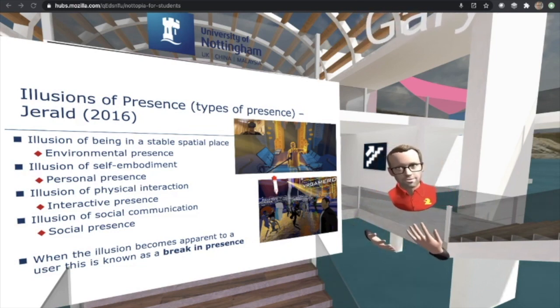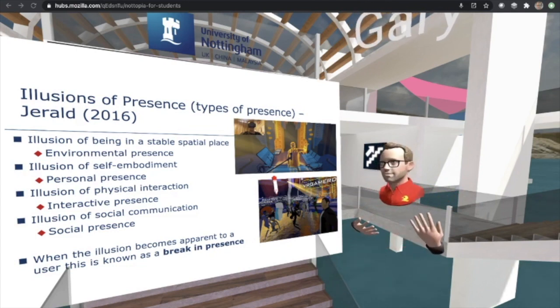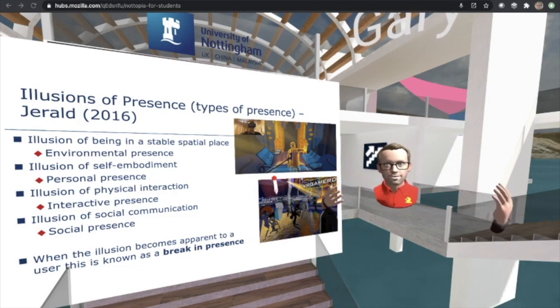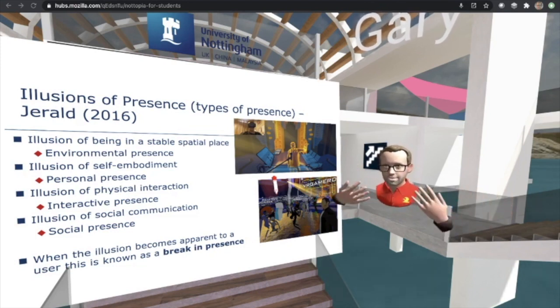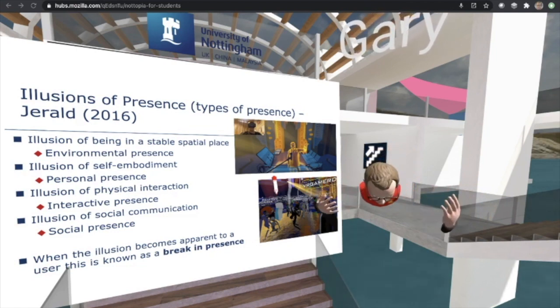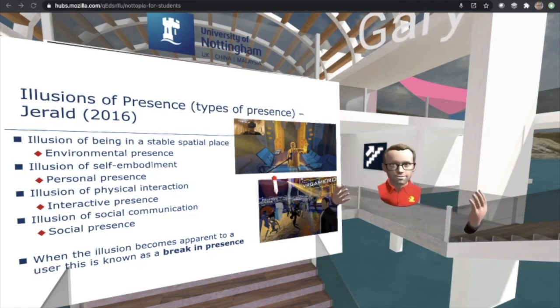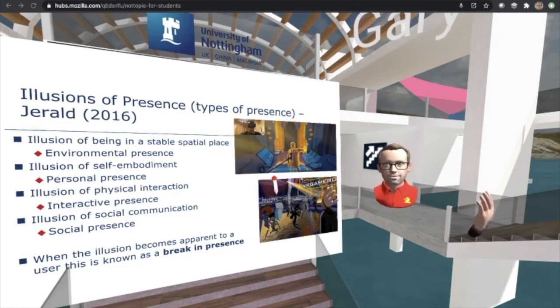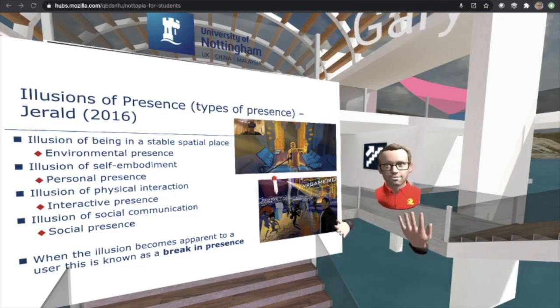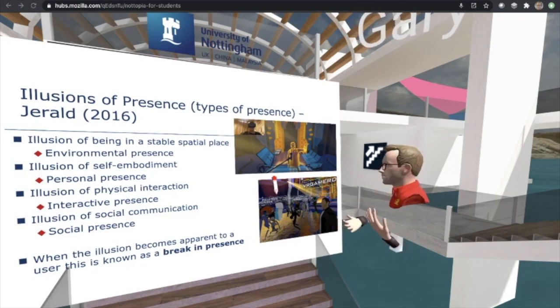Personal presence is a really, really interesting one. So the extent to which I feel I have a body within the virtual world. So here I have hands, and they relate to the way in which I'm moving my real hands. So there's good self-embodiment there, but then I don't have any legs. I don't have a torso. So part of my sense of a body is not there, and it's worth saying that it doesn't have to be your own body for there to be a sense of personal presence.